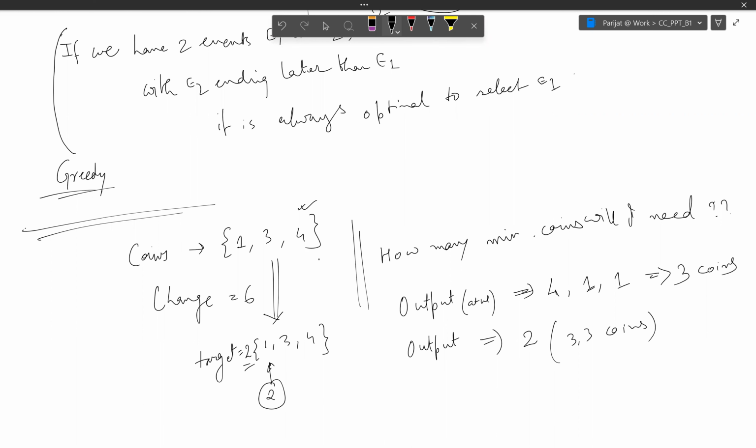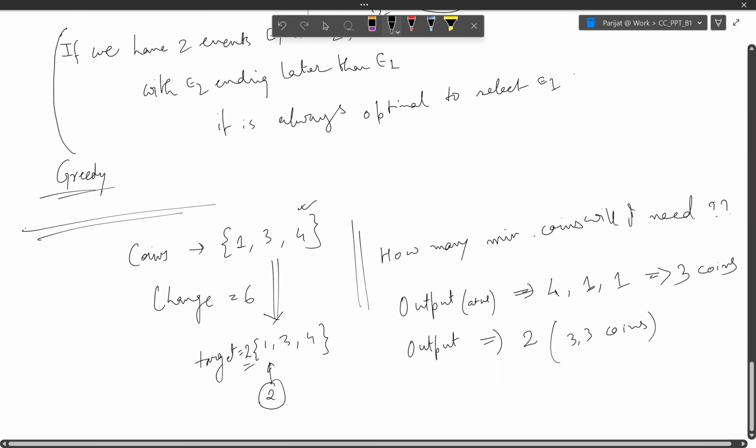So I have basically used 1 plus 2, that is a total of 3 coins, right? So my later choice in this case is dependent on the previous choice. But if I choose 3 directly, I would have used 2 coins of denomination 3 and I would be left with 0, right? And I would have completed. So each choice is determining the remaining set of choices.